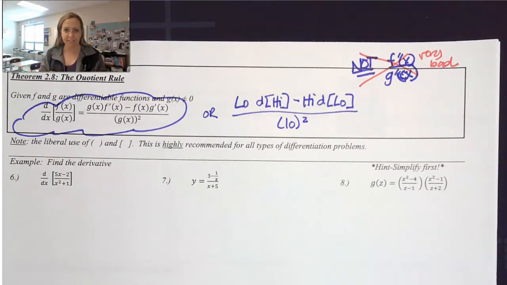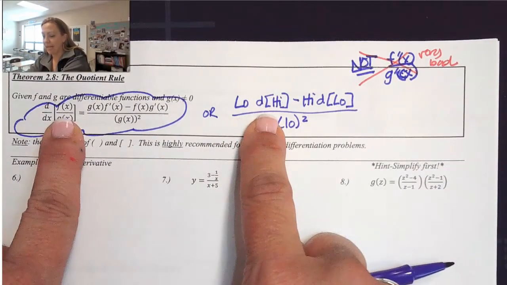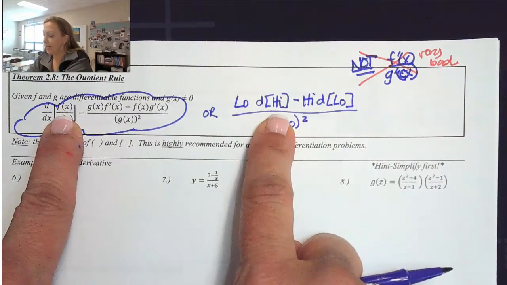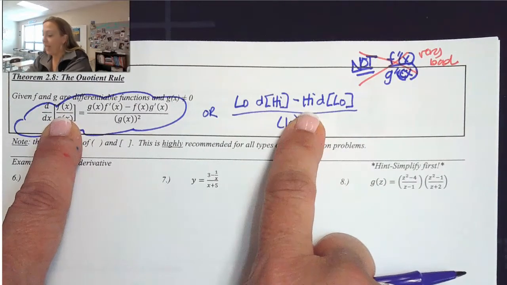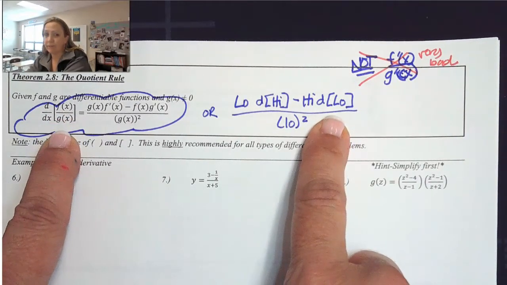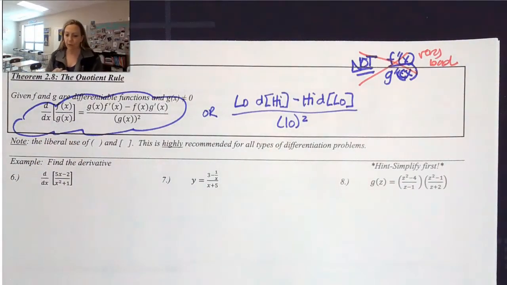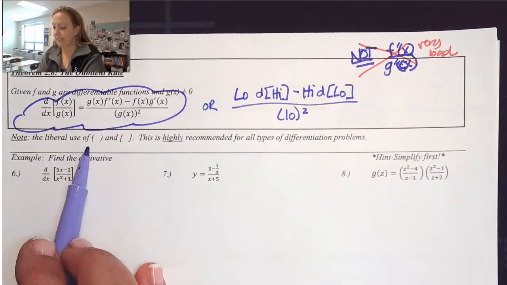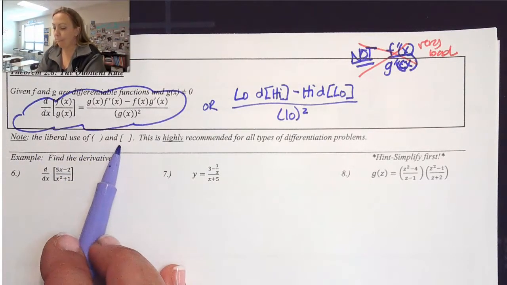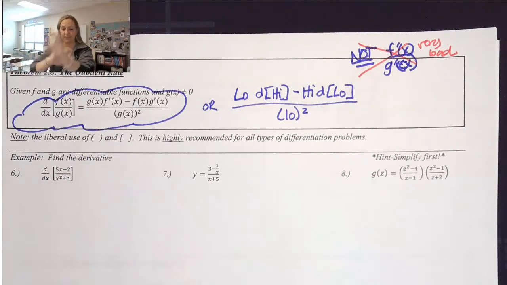So say it to yourself every time you do that. You want low, the one in the denominator, times the derivative of the high one, the one in the numerator, minus the high one times the derivative of the low one, and then over low squared, the denominator squared. Again, we're going to use parentheses and brackets liberally.